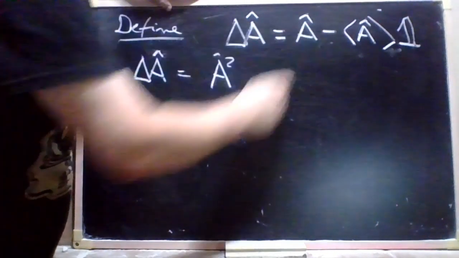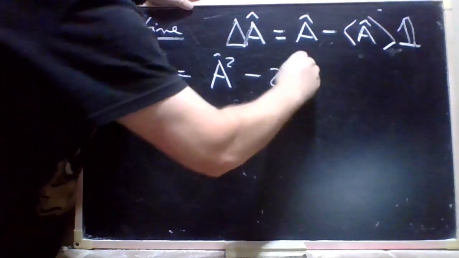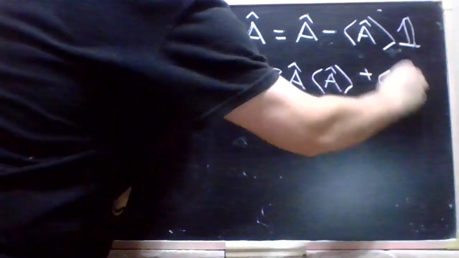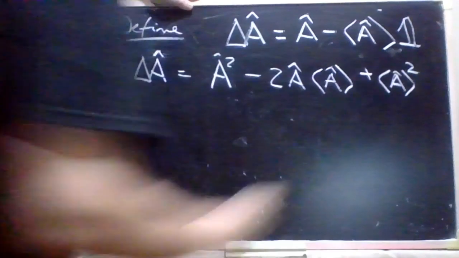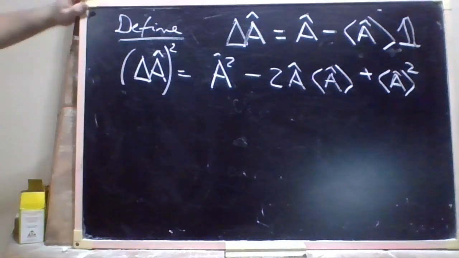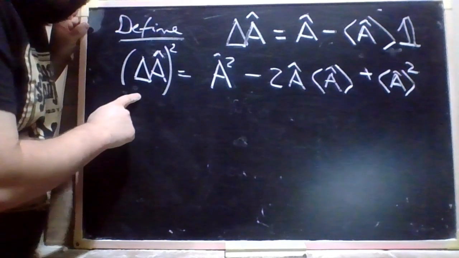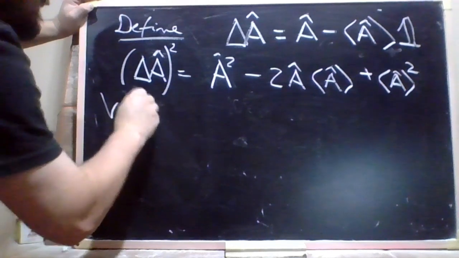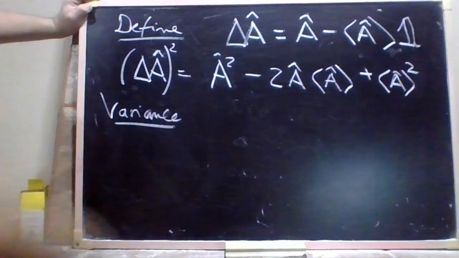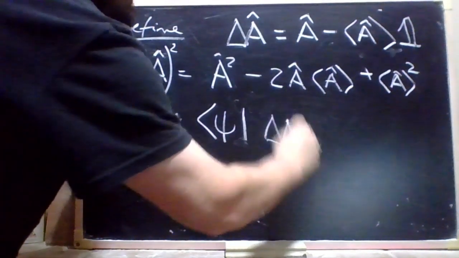So if you square this operator, you have A squared minus twice A times the average of A, plus the average of A squared. And this is delta of A squared. And this is an operator which is related to the variance. All right? Variance is defined, statistically speaking, for matrices given a state vector, which is the state psi, by this operation here.